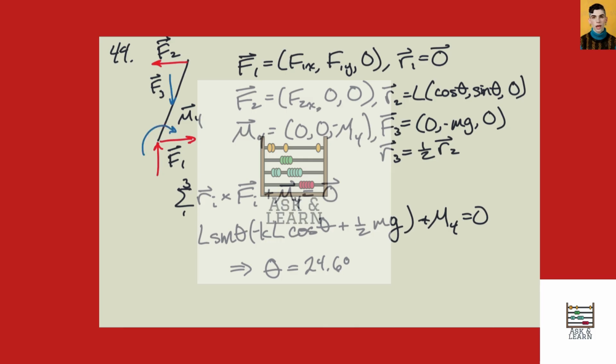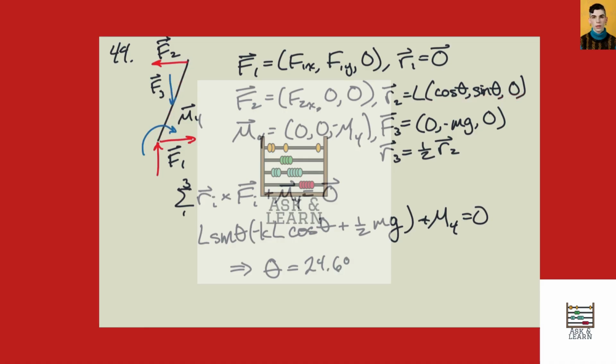So if we start to write force vectors at the pivot point, I'm going to call that my origin. Up here we have the spring force in the horizontal direction. Its position, and again we're going to call this theta here. The length of this shaft is L, and then the direction is this.